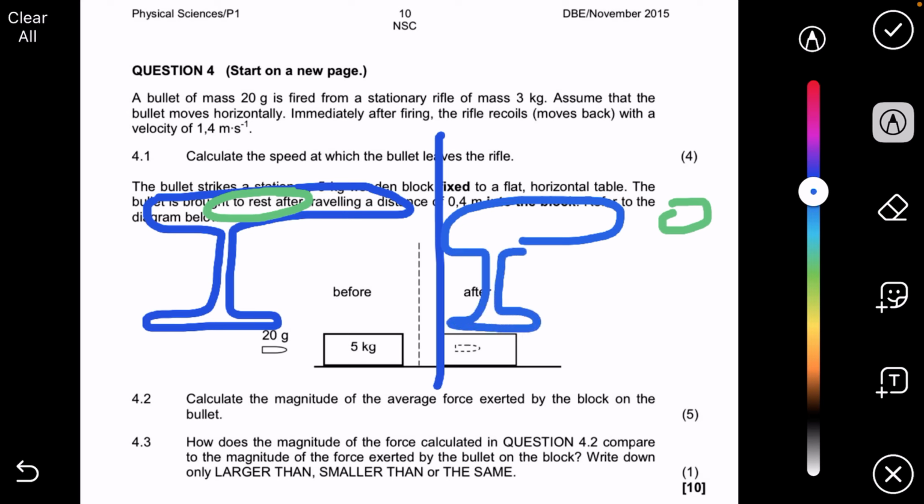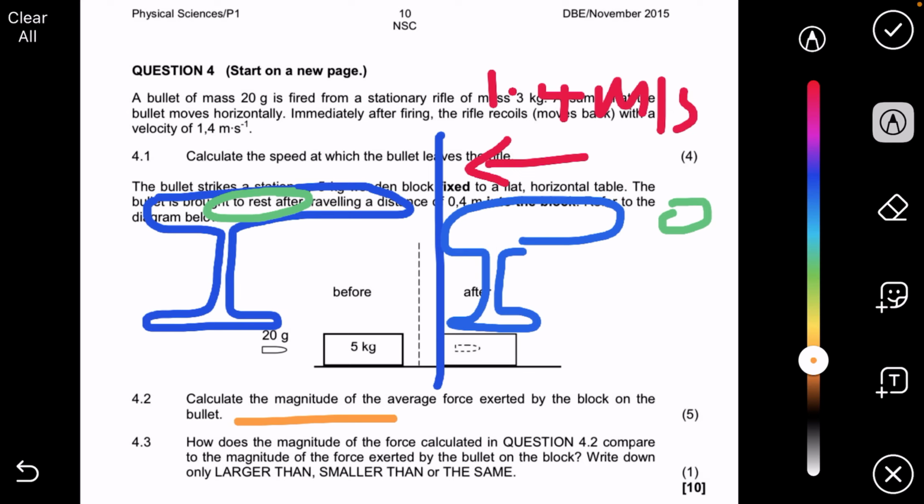Something very interesting, ladies and gentlemen. They're saying immediately after firing, the rifle recoils, it moves back. You can see with the arrow they have tried to indicate. So it moves back with a velocity of 1.4 meters per second. Massively important, ladies and gentlemen. Remember, guys, in physical sciences, it's very important to consider the directions.